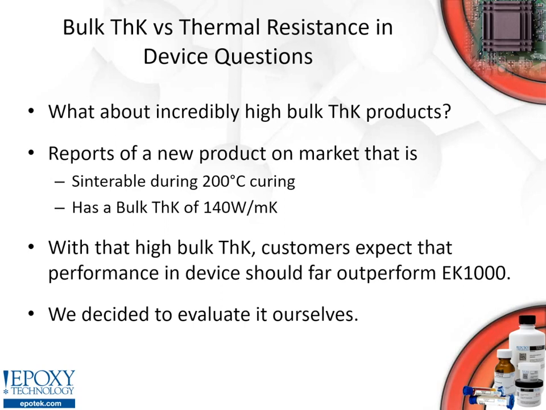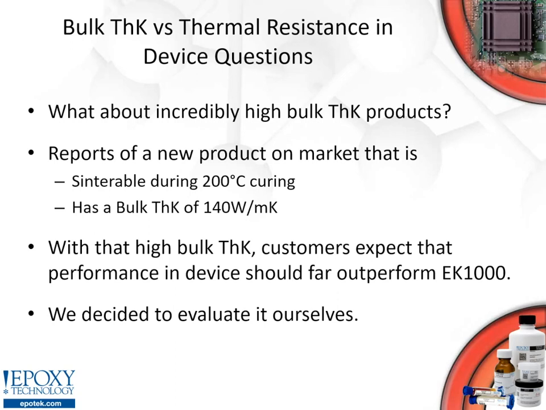Because of this kind of information, we received questions from customers. Can a material with incredibly high bulk thermal conductivity properties ever outperform something that has a better interface resistance?